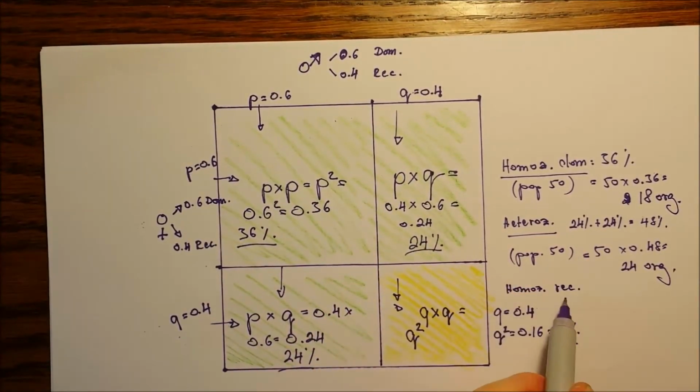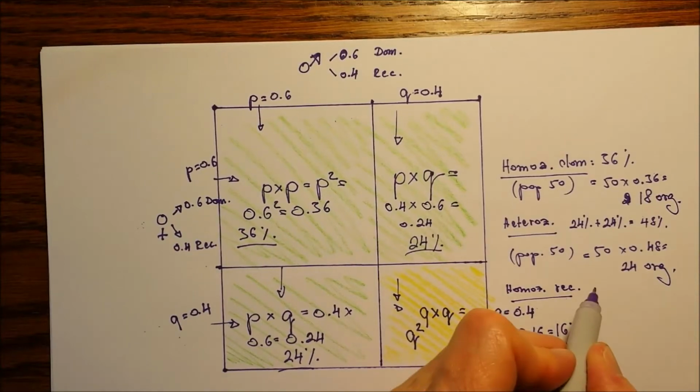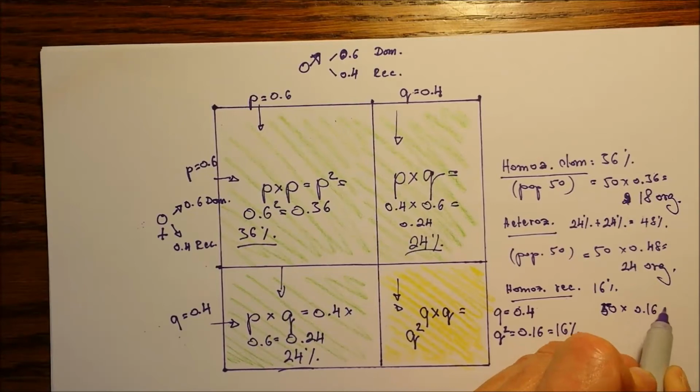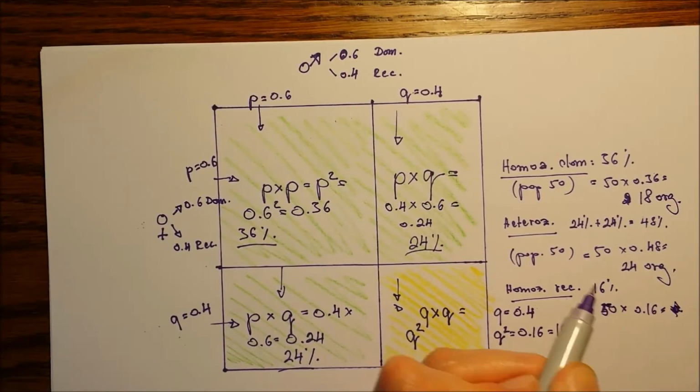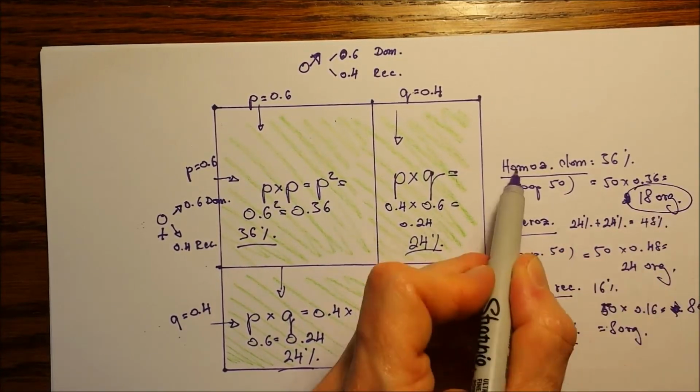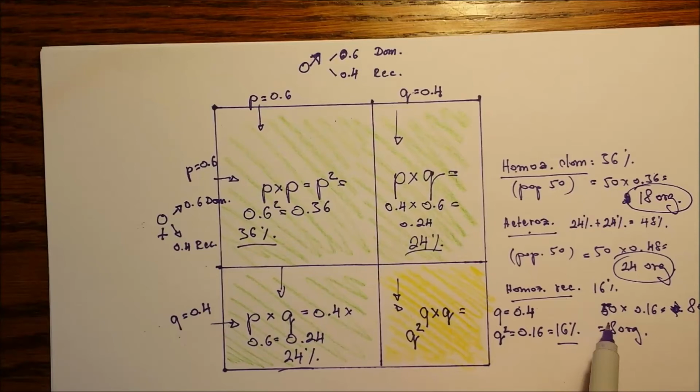Homozygous recessive is 16%. 16% of the population is 8 organisms. So that's how we would use the Hardy-Weinberg equilibrium, figuring out the different types of genotypes in a population.